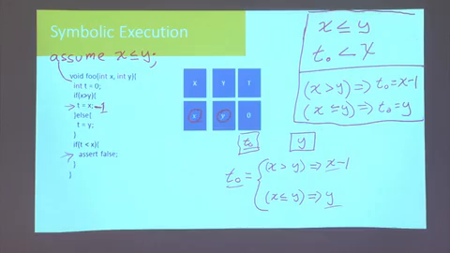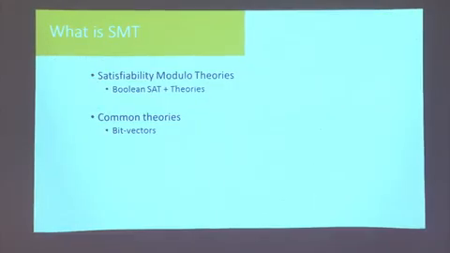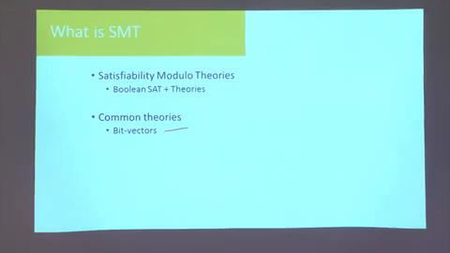And this goes back to what the modulo theory aspect in the solvers means. What it means is that the solver is actually extensible with different theories. The most popular theories are the theory of bit vectors, which are fixed length bit vectors.